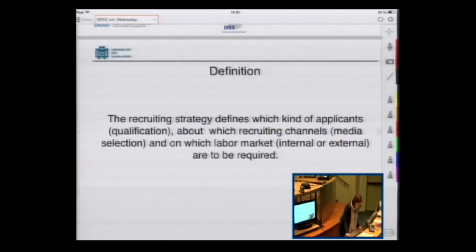And finally, we have on the slide that we can look at the internal or external market. What does this mean? Local or international? Yes, you can differentiate between international or local market. Within the university. Yes, within the university. What does it mean, within the university? Which positions are required within the university?